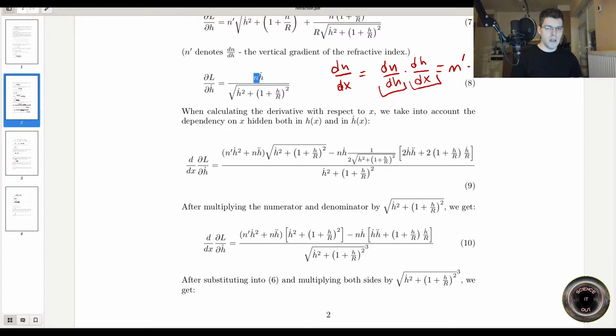When I calculate the derivative of this, we have n prime times h dot from here, which gives this square, which I said was wrong but isn't. And then if we calculate the derivative of h dot, it just gives h two dots, and we don't calculate the derivative of n, and we have this second term. So this is correct. Okay, so I didn't actually make a mistake in this document, that's good. But as you can see, it's easy to miss such a detail.